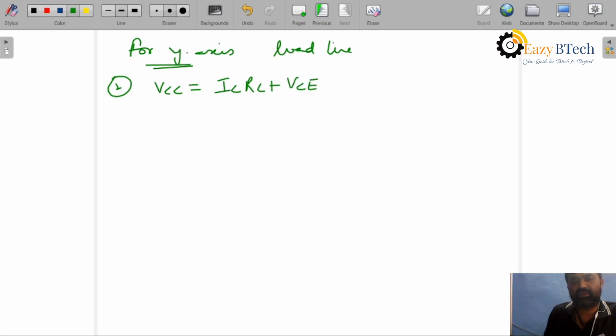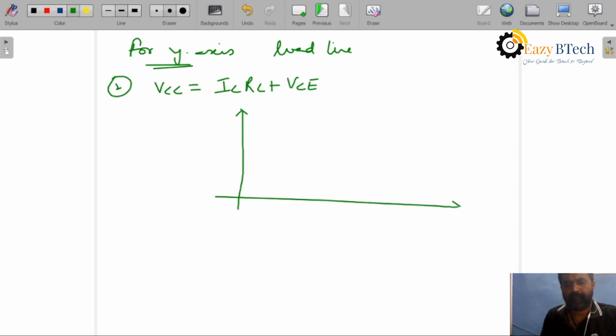It is the second loop equation. Now you can see this is IC, this is VCE.